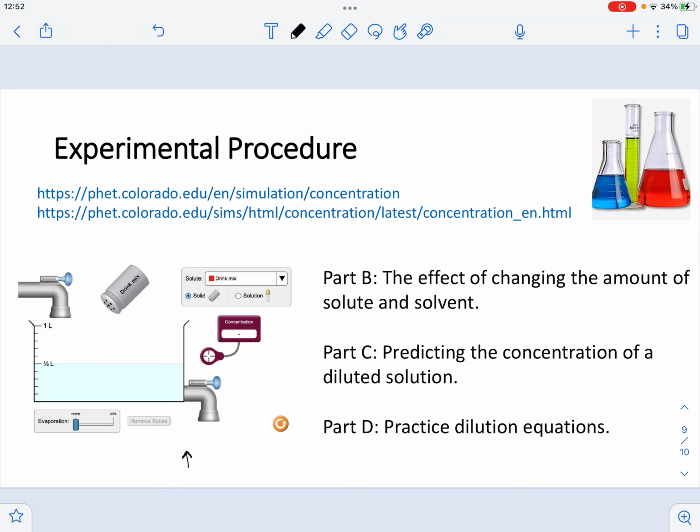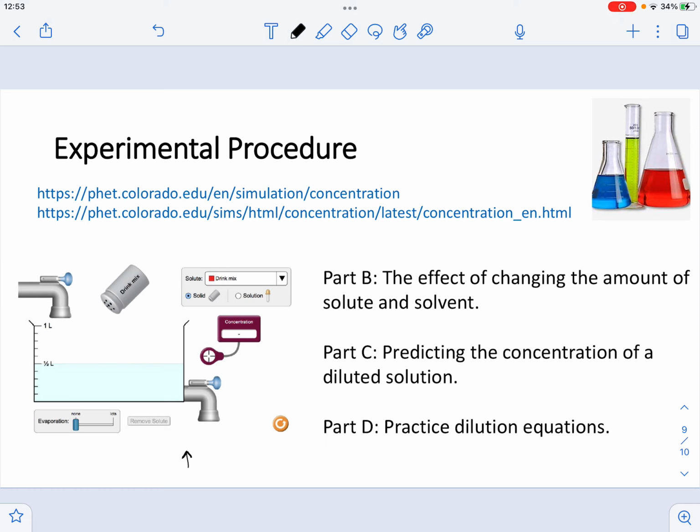Overall, the lab is made out of 4 parts. Part A is just showing you specifically the different parts of the simulation itself. Where you're going to do actual work is in parts B, C, and D. In part B, you're going to explore the effect of changing the amount of solute and solvent.